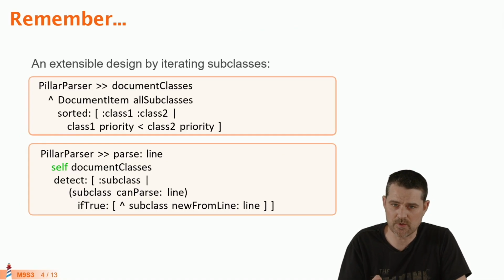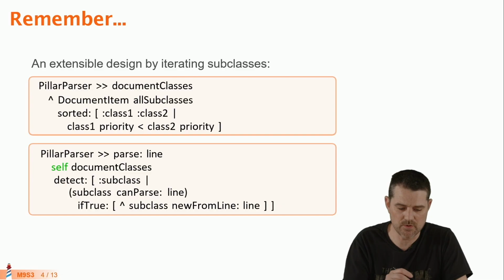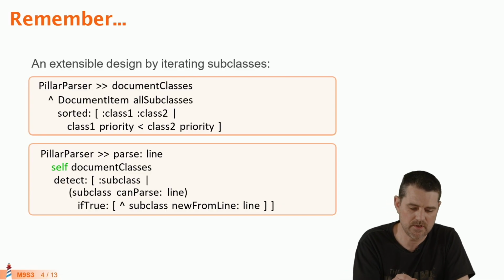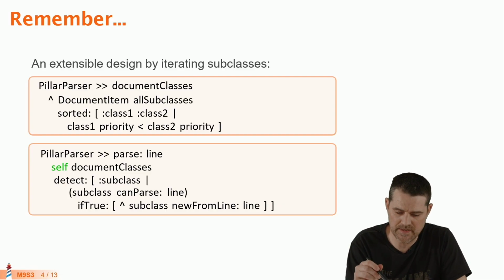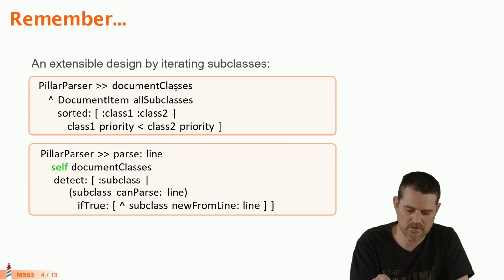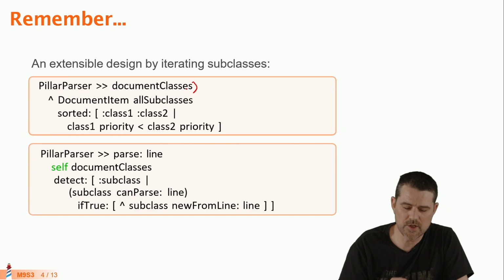And if you remember correctly, in a previous lecture, we already spoke about an extensible design by iterating over subclasses. For example, in the Pillar parser, we were able to compute dynamically the document classes that represent the nodes of a document.